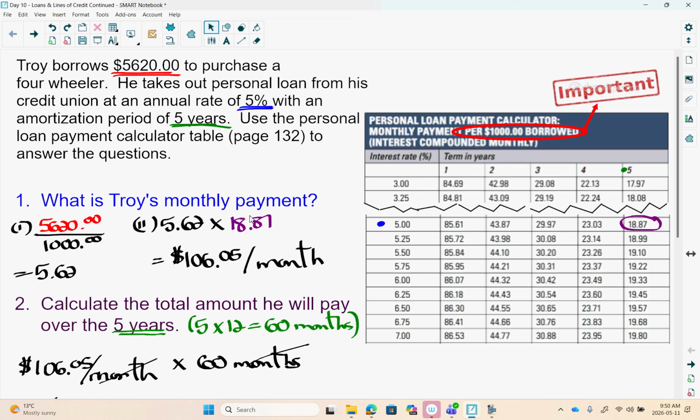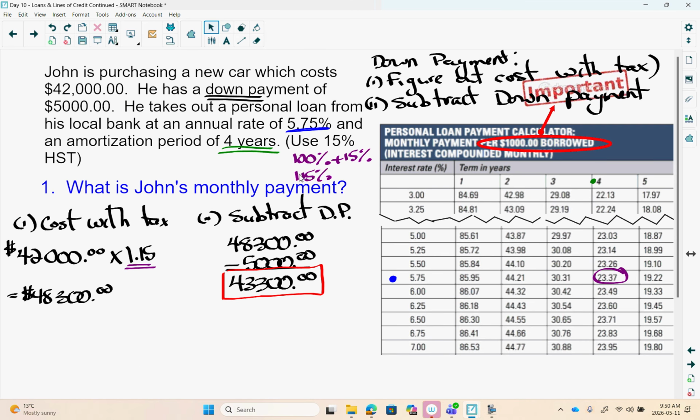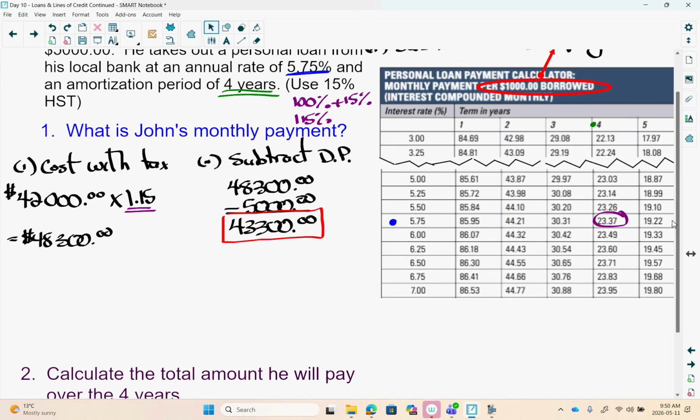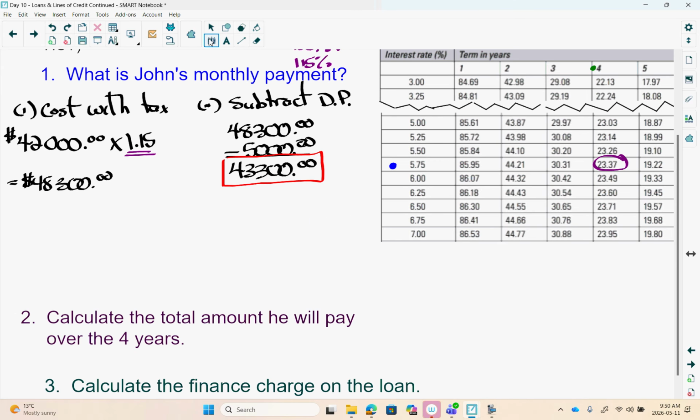And then I took that answer and I multiplied it by the $18.87 because he was borrowing at 5% for 5 years. So I'm going to do the same thing with John. I need to borrow $43,300. So this is the monthly payment part.